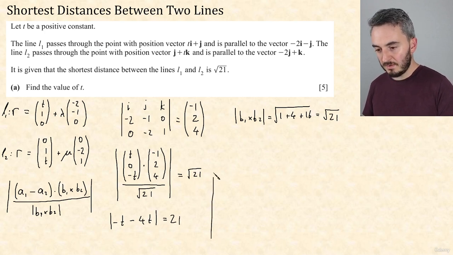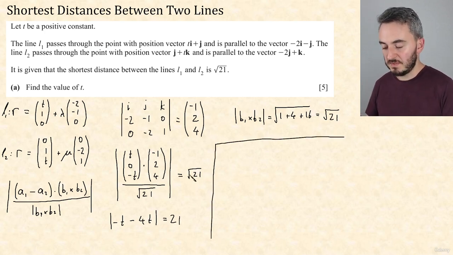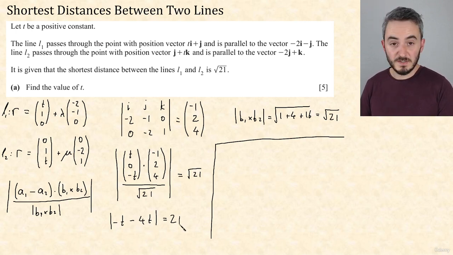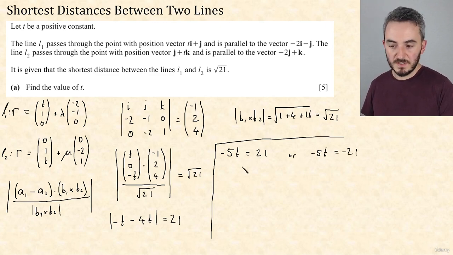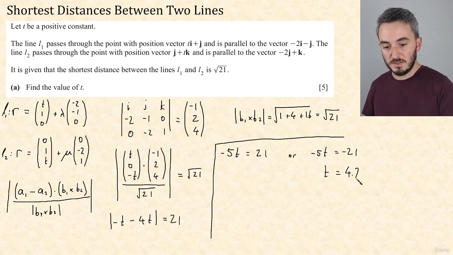So here's the bit that could probably catch a lot of people out. That means that minus 5t, which is what we've got in here, is either 21 or minus 21. So minus 5t is 21, or minus 5t is minus 21. Now this obviously doesn't give you a positive number, this one does. It gives you 21 over 5, or 4.2.